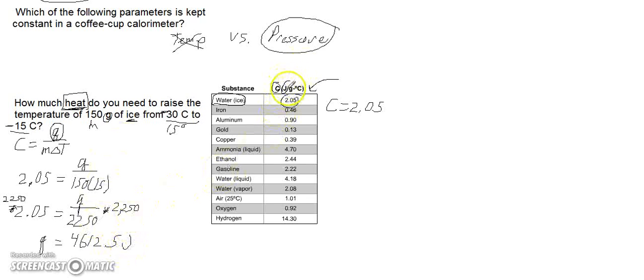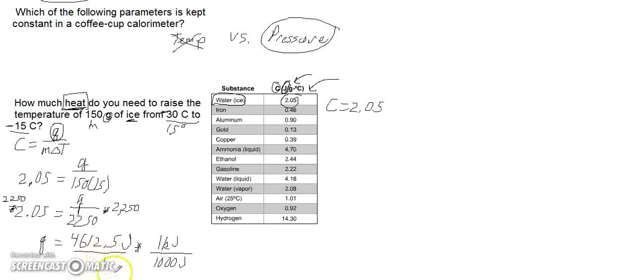Remember, right here we can see C is given in joules. And your answer choices for this were all in kilojoules. So we need to convert from joules to kilojoules. And remember, kilo means 1,000. So to convert from joules to kilojoules, I'll multiply by 1 kilojoule over 1,000 joules.